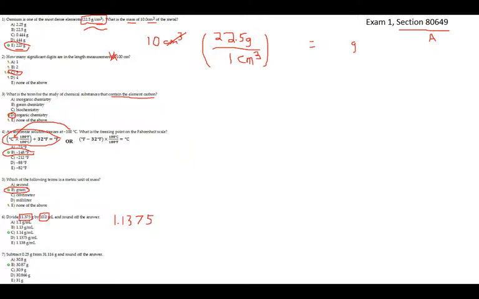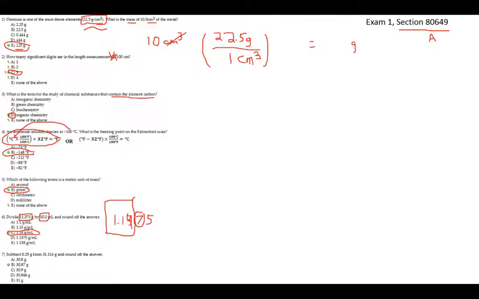We go with the least number of sig figs, so that's 3, and we need to cut this off here. We want to report 1.13, but we have to check the next digit. The next digit is a 7, which is greater than 5, so we round this 3 up to a 4. So it should be 1.14. Answer C.